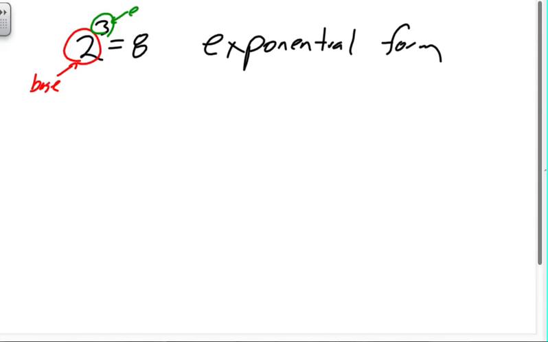This is my exponent, or it's my old x value. And this is f of x or y. It's our answer.